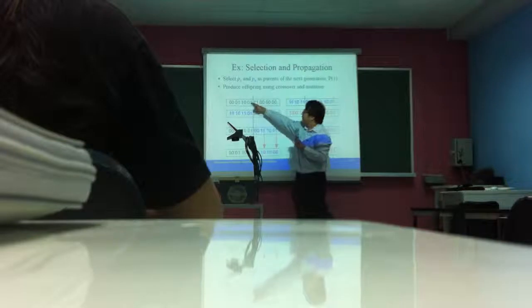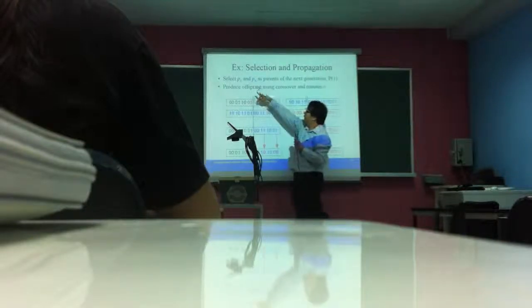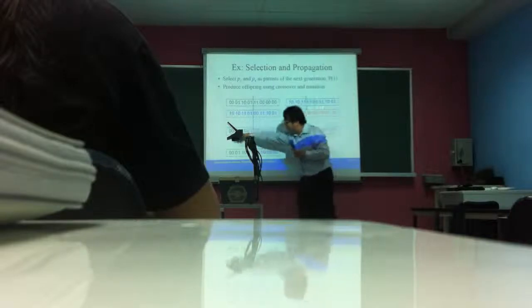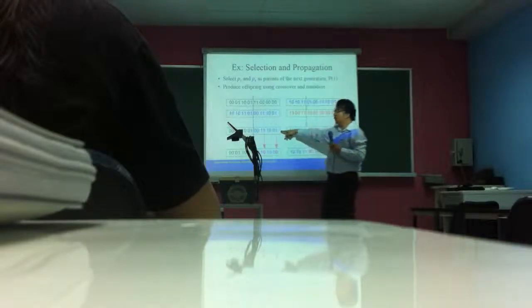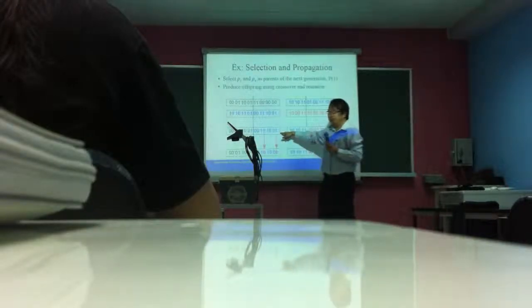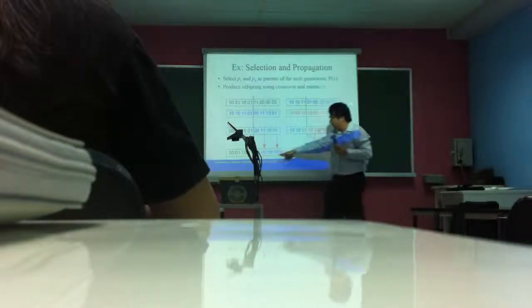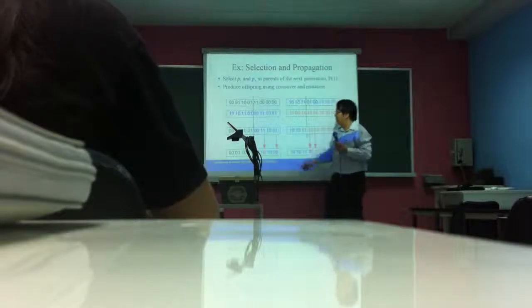We take this from population 1, the black one, and population 4 from the blue, and we make it the solution over here. And we mutate at position 4, and finally we get it.